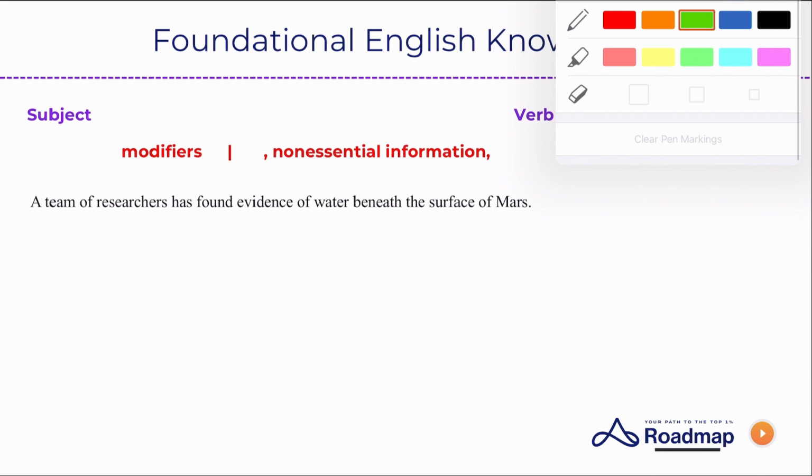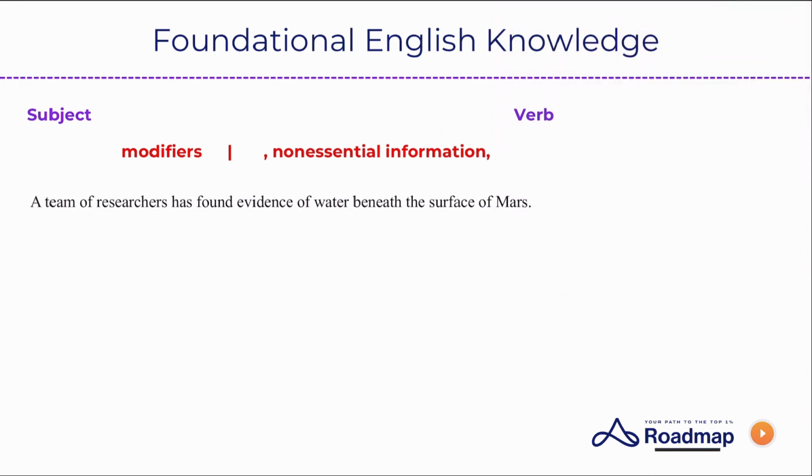The main subject of the sentence is a team. We have a modifier called a prepositional phrase that adds more detail to the subject and appears between the subject and the verb. The verb of this sentence is has, has found. That's the verb.